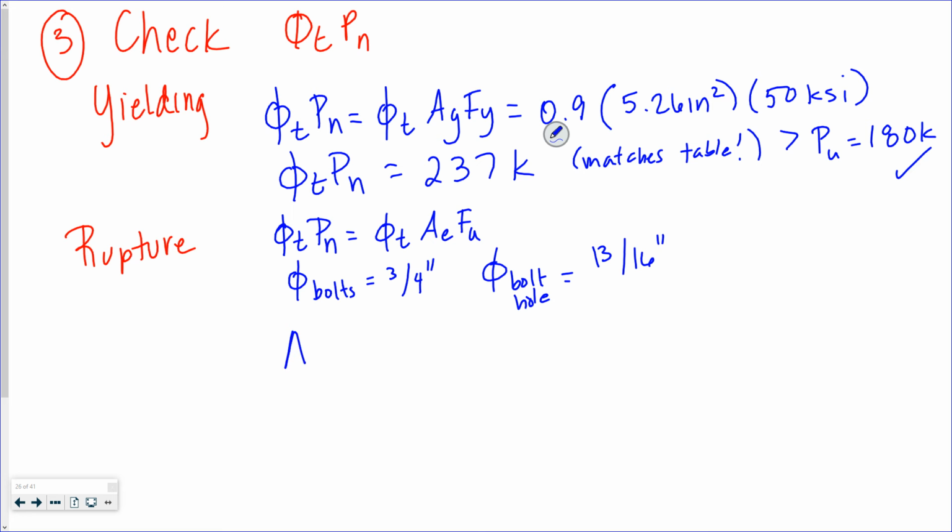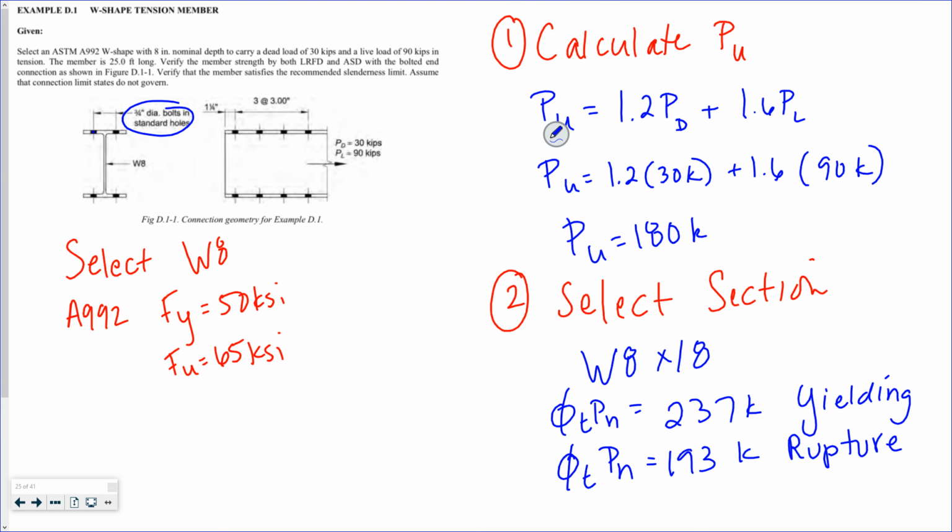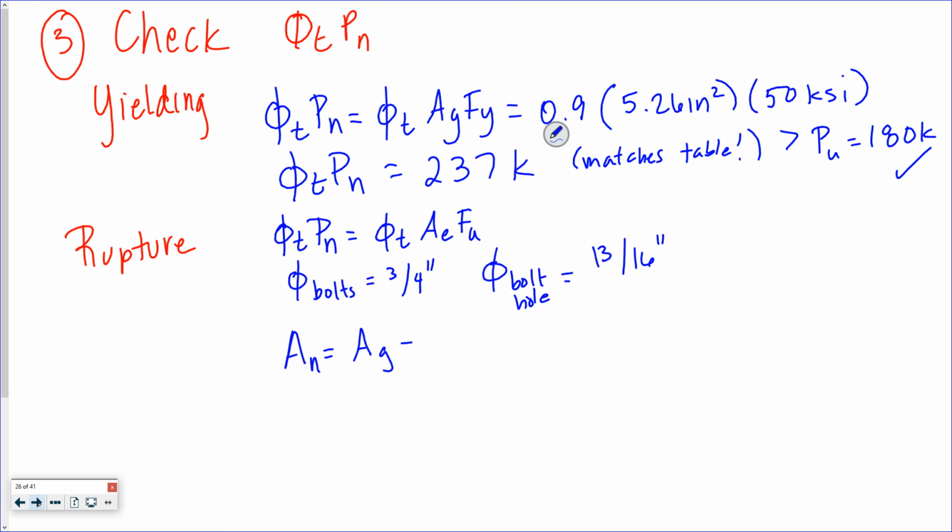My net area is going to be my gross cross-sectional area minus, I have 4 bolt holes, number of bolts times my diameter of my bolt hole plus 1/16 of an inch.